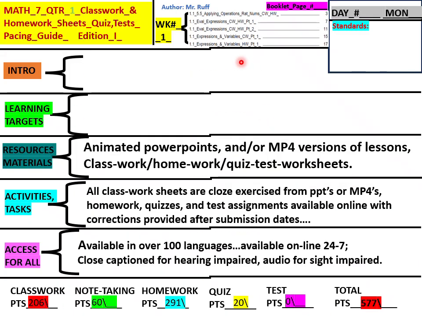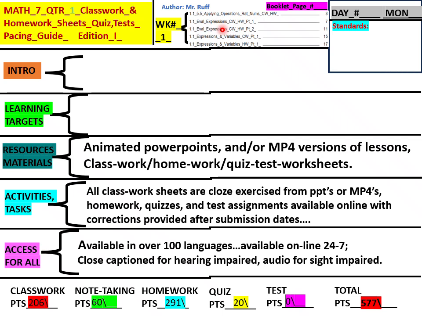We start up here with our lessons for the week. We start out with 1.1, applying operations of rational numbers, classwork homework. Then 1.1 classwork homework.